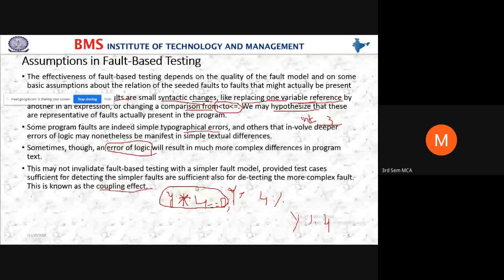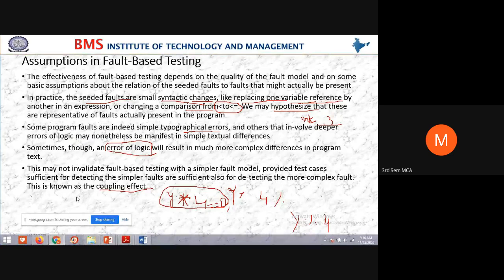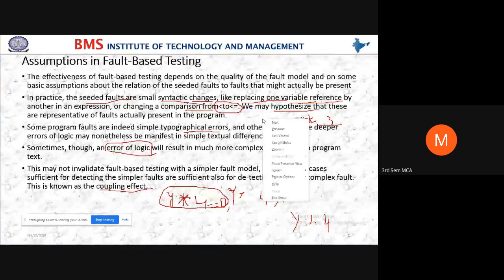In last class I told you some of the types of errors or types of faults we make when we write a program. It may be a syntax error, it may be a logical error, or it may be a typo error.